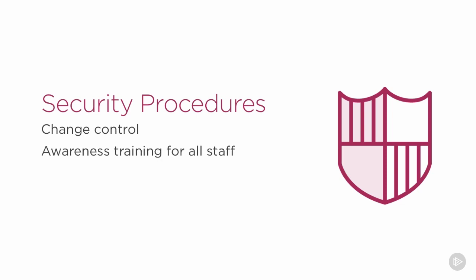Security is everybody's job. And everyone has to know that. Everyone has to understand the risks and certainly their obligations to follow policies and procedures. Awareness training should be provided to all staff. Take, for example, spam.